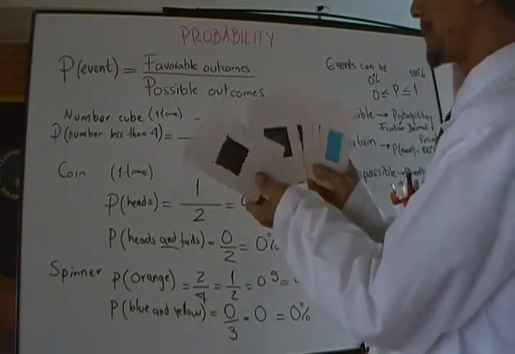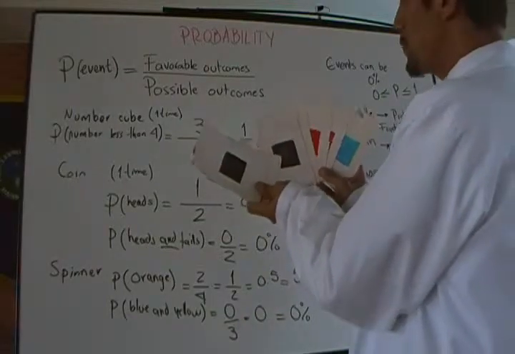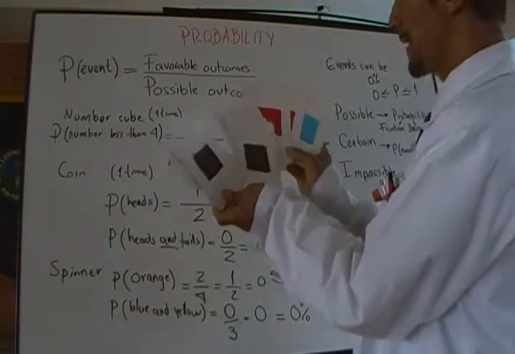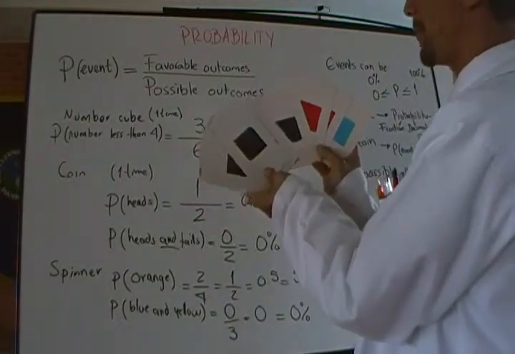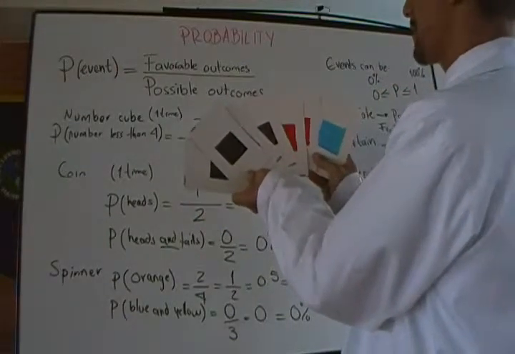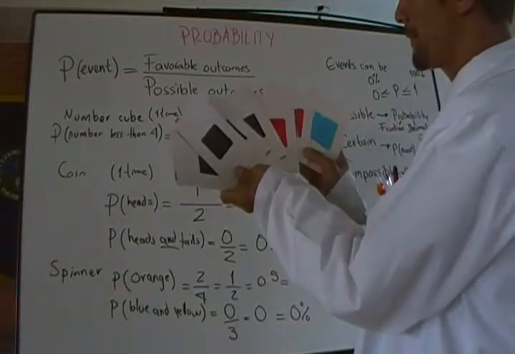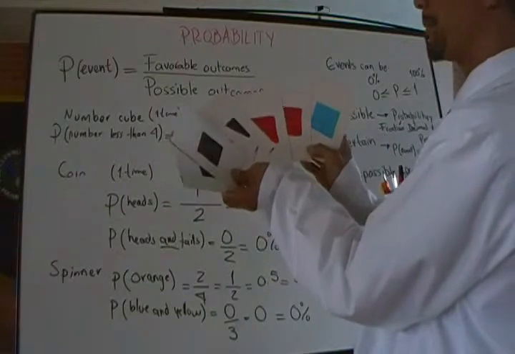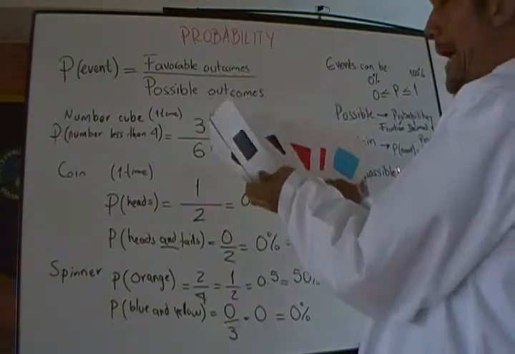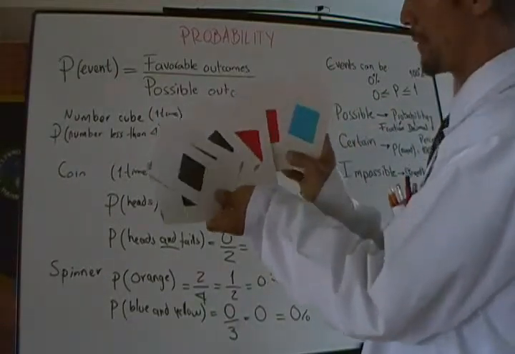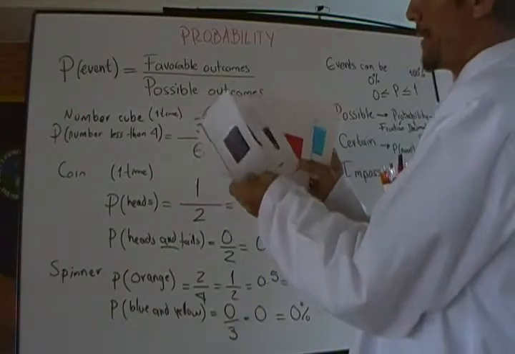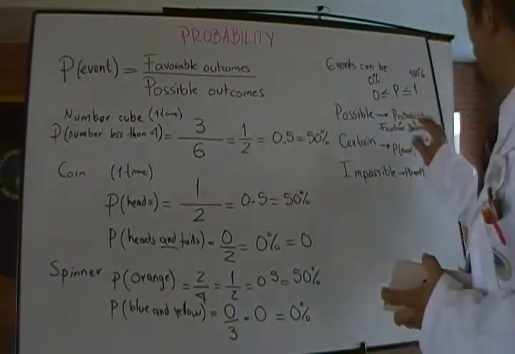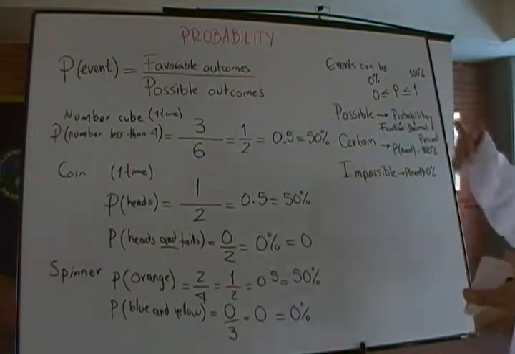The probability to get red, in this case, would be 2 favorable outcomes out of 7 possible outcomes. I have 7 possible outcomes here, and 2 of them are red. If I ask you the probability to get blue, it'll be only 1 out of the 7 possible results. So only 1 is favorable. And then you can convert those fractions into decimals and then into percents.